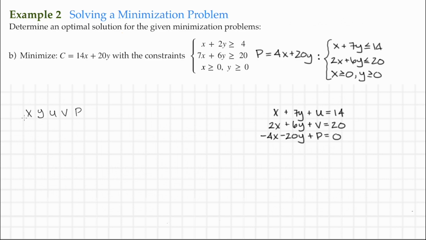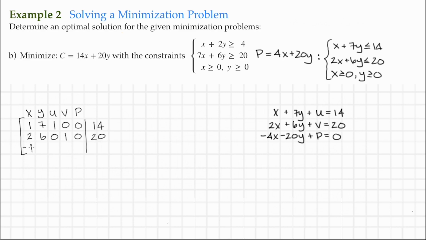We'll put in a bracket here. Put in 1, 7, 1 for our slack variable, no v slack variable. Put in our vertical bar, and 14. Then 2, 6, 0, 1, 0, and 20.